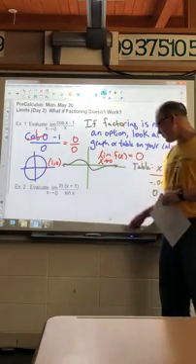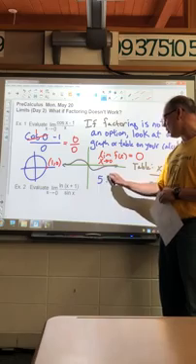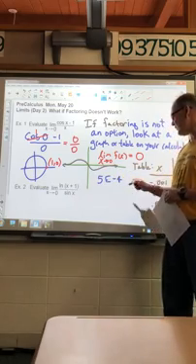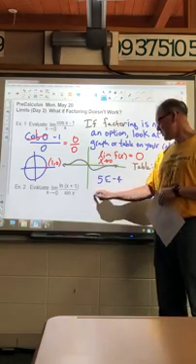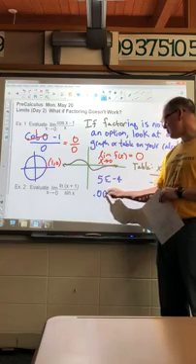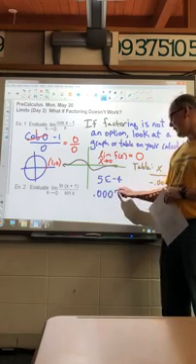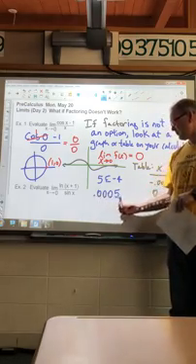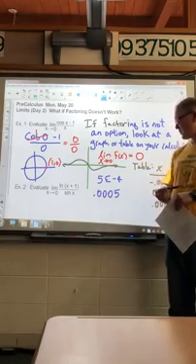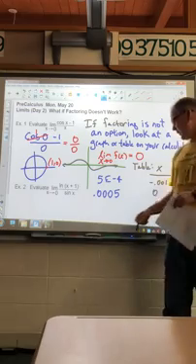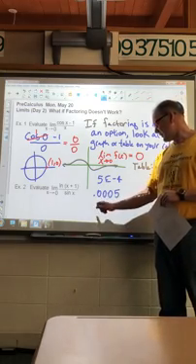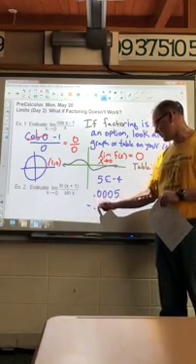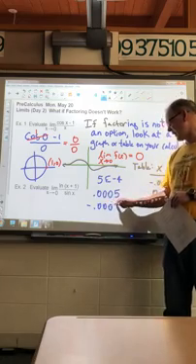Okay, so 5E negative 4, that's scientific notation. So that's 0.0005. We have four values to the right of the decimal place. And negative 5E negative 4 would be negative 0.0005.